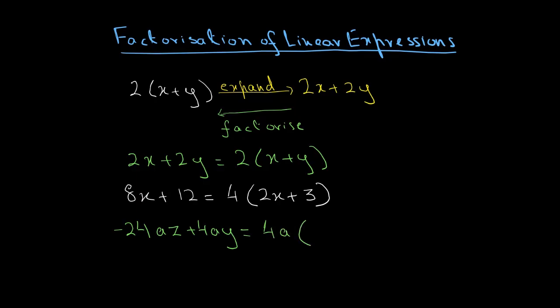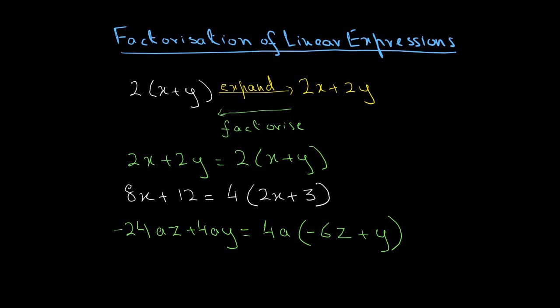So 4a would be outside the parentheses, then from the first term I'm going to be left with minus 6z, because 4a multiplied by minus 6z will give us minus 24az. And from the 4ay, I'm only going to be left with a y. The answer is going to be this expression.